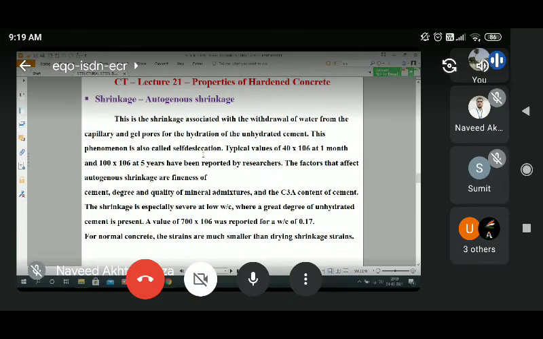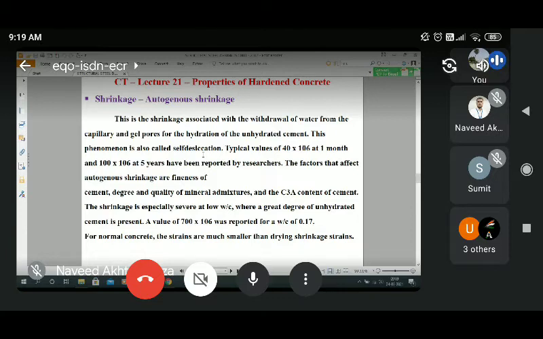This phenomenon is also called self desiccation. Typical values of 40 into 10 to the power minus 6 at 1 month, and 100 into 10 to the power minus 6 at 5 years have been reported by researchers.